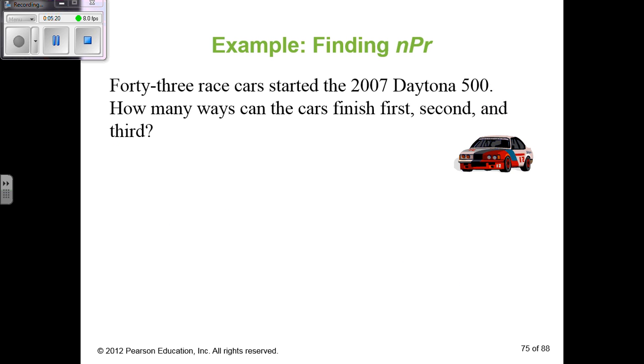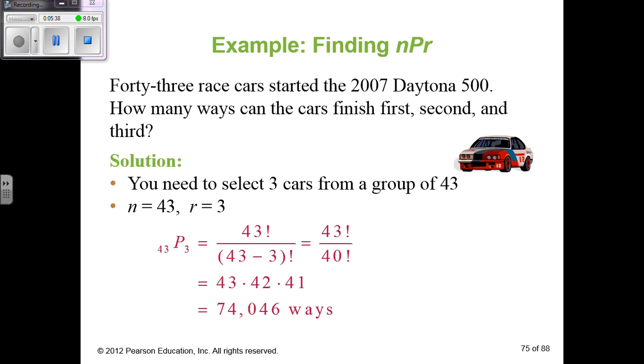Another example would be choosing the finishing of the Daytona 500, where finishing first, second, and third is different than if you finish second and someone else finished first. So the order that we select them for their finished position matters. Remember, with permutation, order matters. We had 43 cars in the race. We're going to choose 3 at a time.